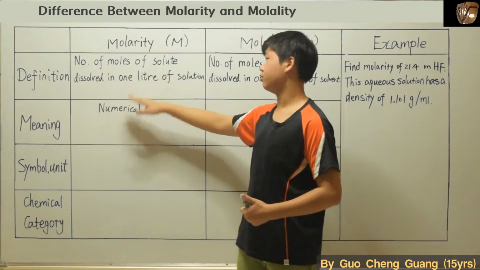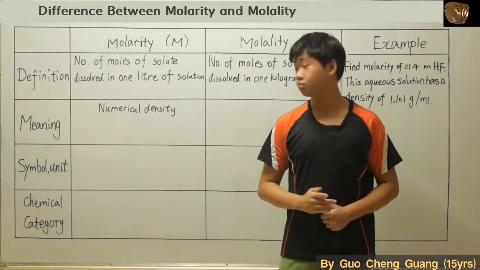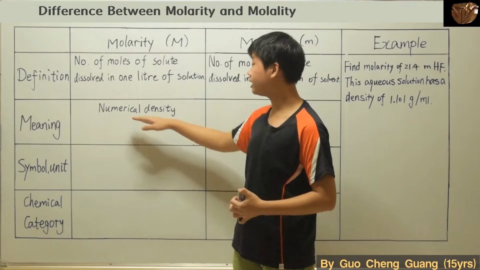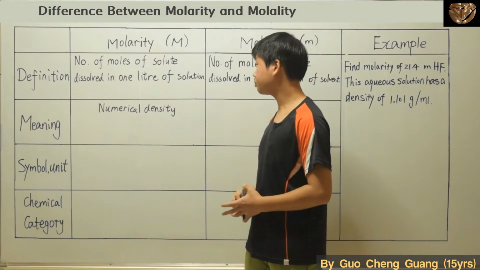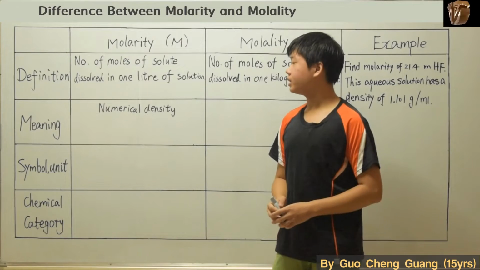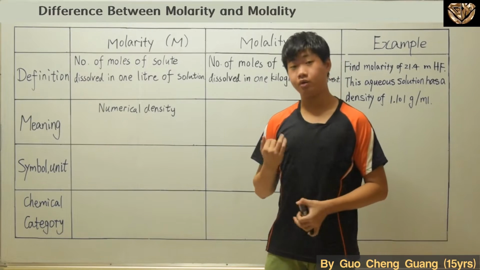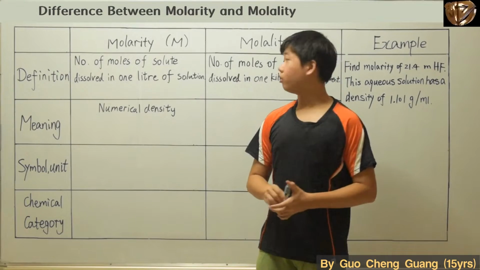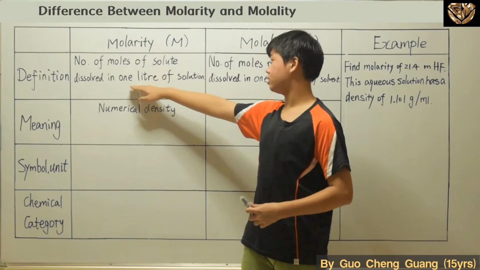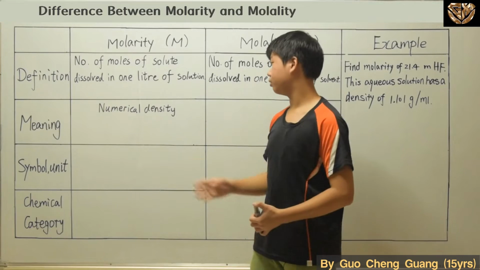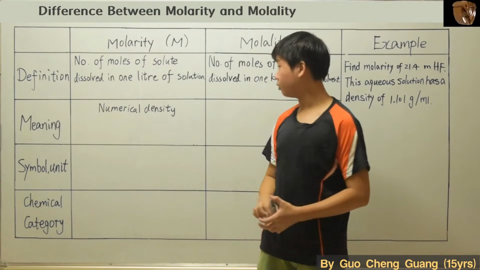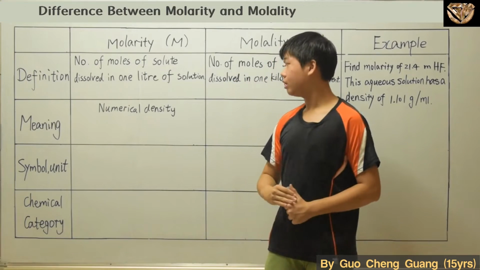And numerical as in finding the number of moles, right? So technically you can take a look at it as a numerical density. So what else is there other than numerical density? Now it's mainly about density, since you have this dissolved in a certain volume, and if you know the definition of density, you would be quick to understand it.